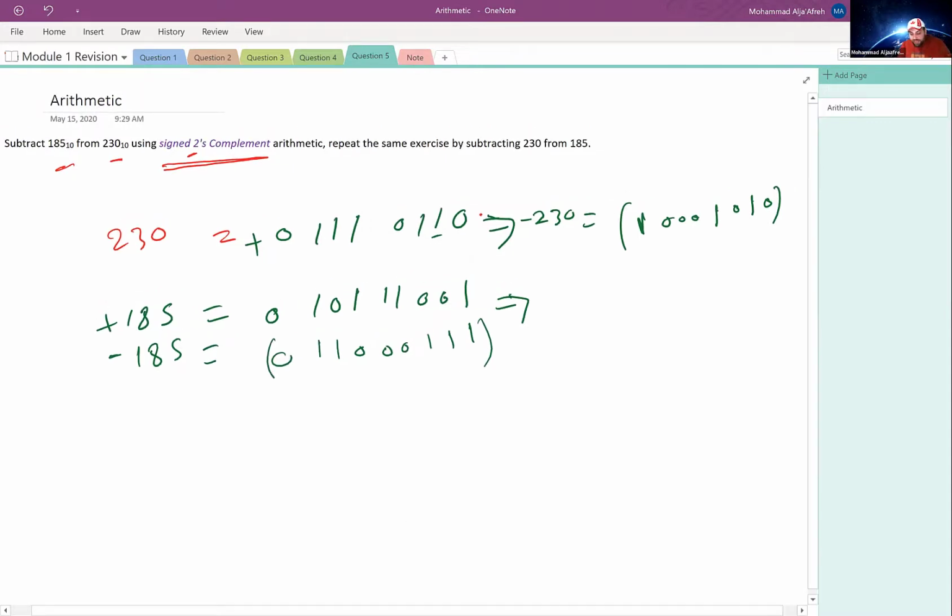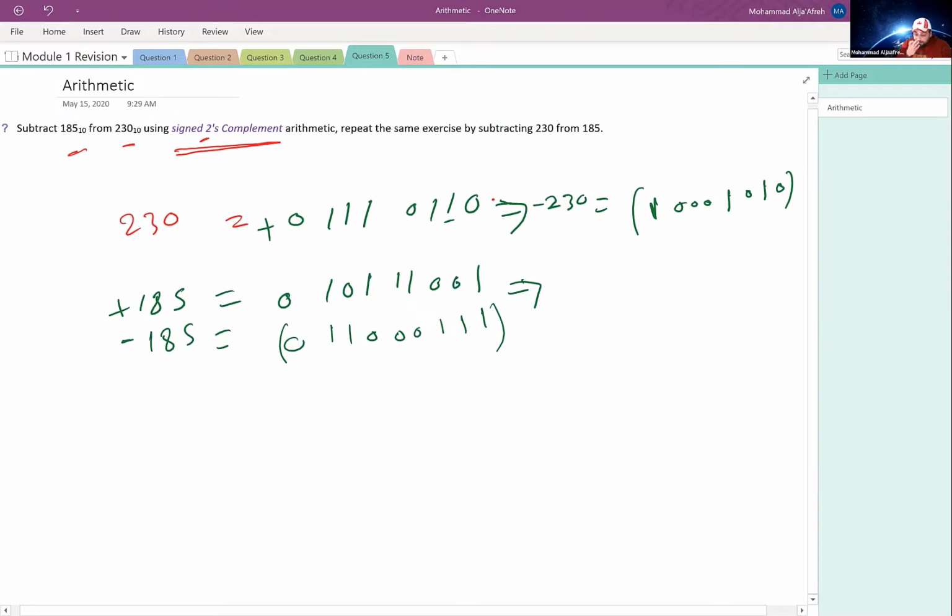So now if I would like to do any operation, all of them can be done as addition. In other words, if I want to do 230 minus 185, what should I do?